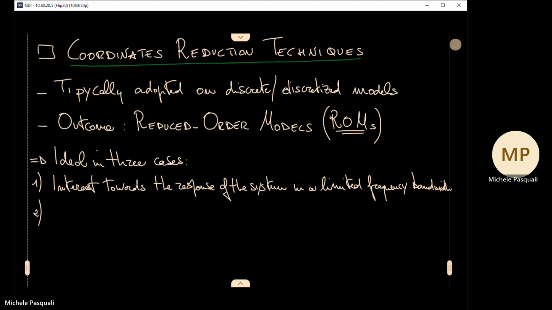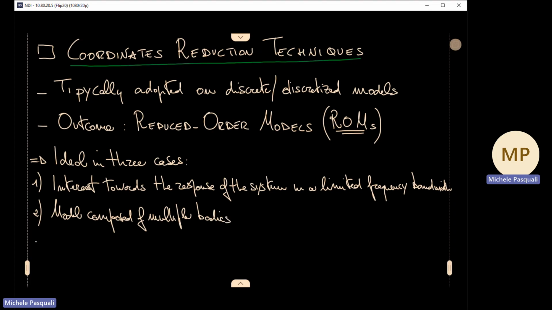Then typically, when the model is composed of multiple bodies, I think this is the case for a multibody course. And then, when we have a body constituted of multiple parts, so that basically we want to condense, if you want, some part of the structure that we don't really care of into the master part of the body, losing some information, but again, having a simpler model in the end.